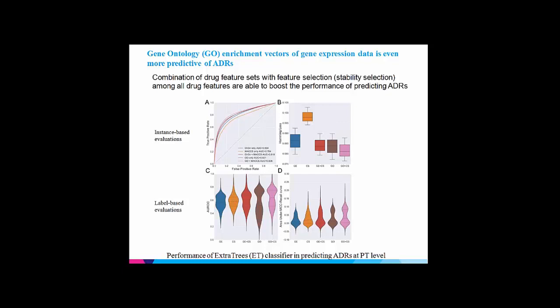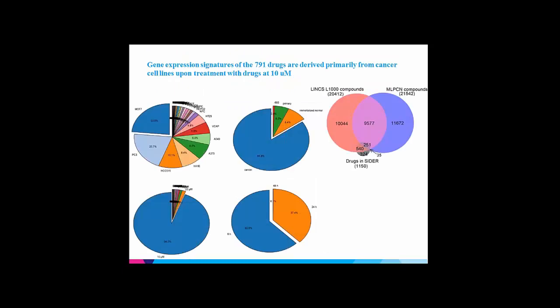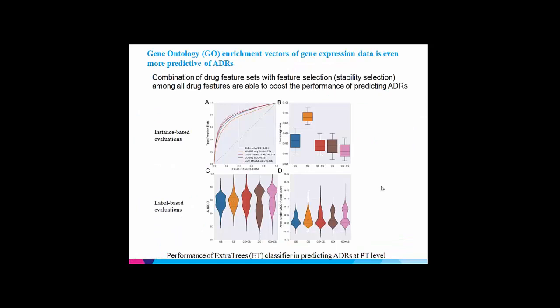Then we used the drugs that are shared in the links in the FDA-approved drugs, and then kept making the predictive models. And we can see the gene expression is also still very predictive when expanding the number of instances, as well as chemical structures. And here we can also basically show the same thing, that gene expression plus chemical structure can be more predictive of ADRs.